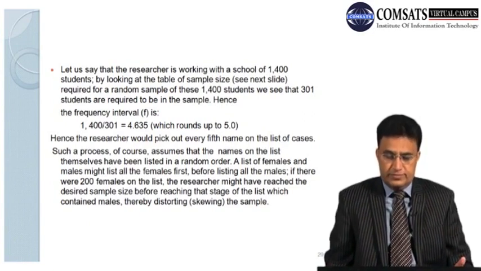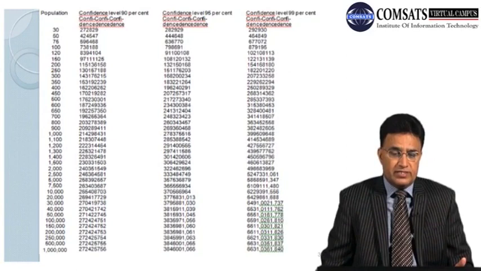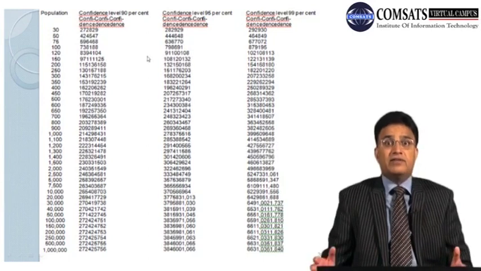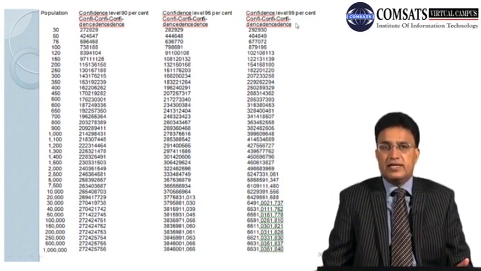How? Look at this table, we discussed it in the previous lecture as well. This much would be required at 3 levels of certainty. If you have 90% confidence, these are the figures, then 95%, and also 99%.